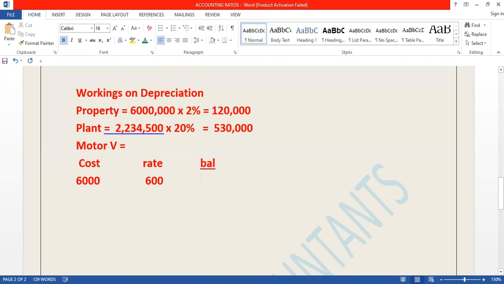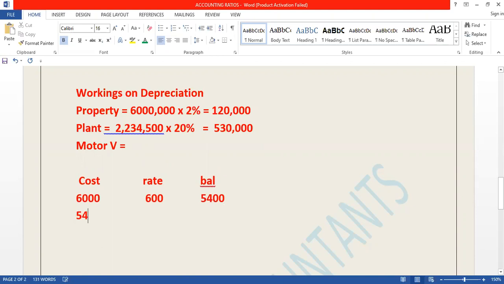What do you get? 5,400. I want to explain reducing balance to you, so just answer the question. Yes, 5,400.